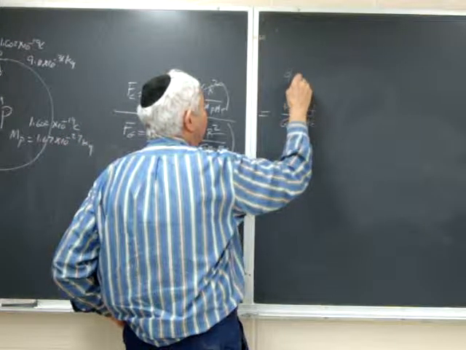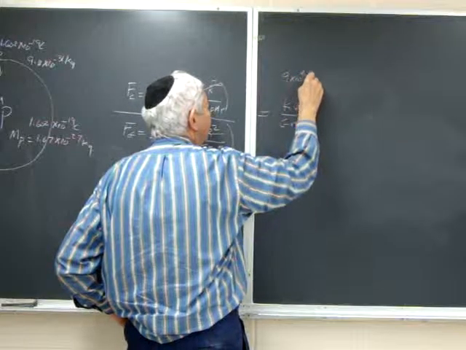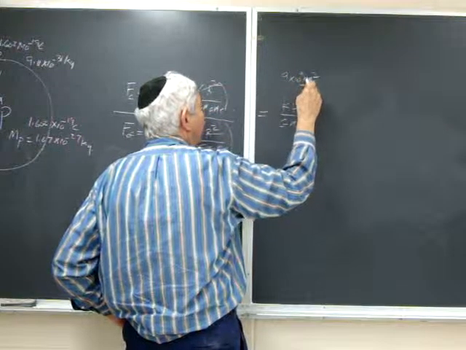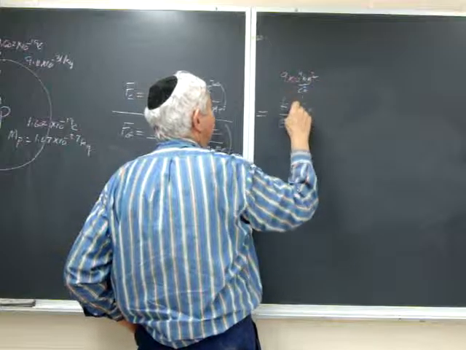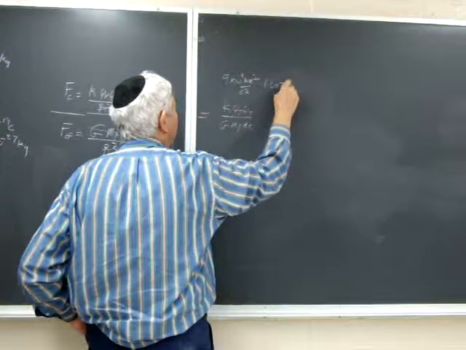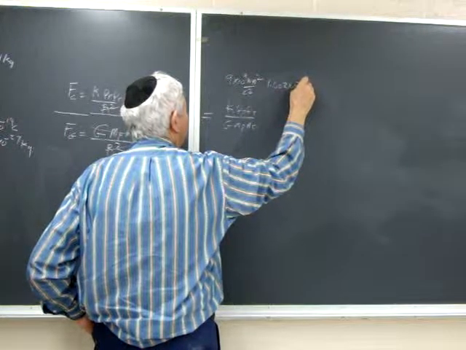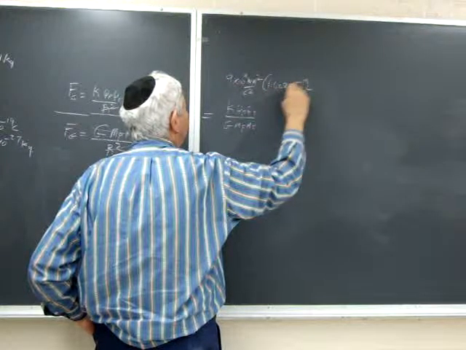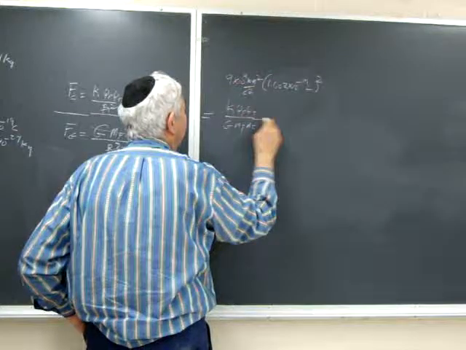K is 9 times 10 to the 9th Newton meter squared per Coulomb squared. And these charges have the same charge, 1.602 times 10 to the minus 19 coulombs, and that's squared.